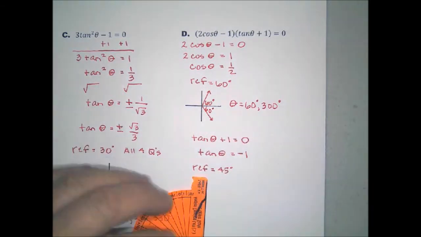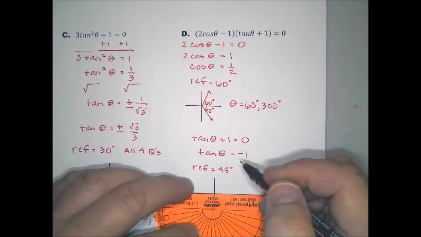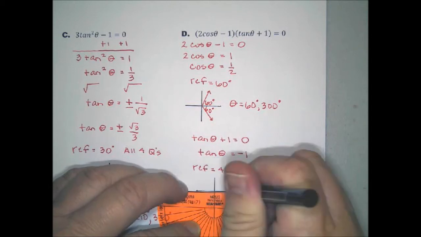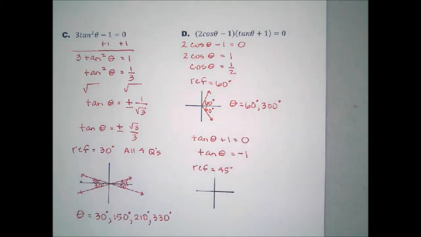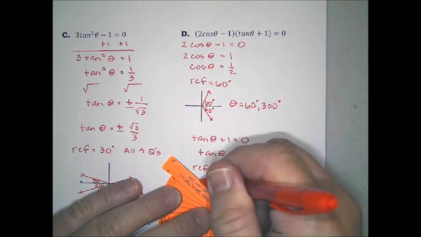And now we just have to figure out what quadrants we're in. Where is tangent negative? Well, tangent is positive in the first quadrant, everything's positive there, and it's positive in the third quadrant. So the negative tangents are in quadrant 2 and quadrant 4.